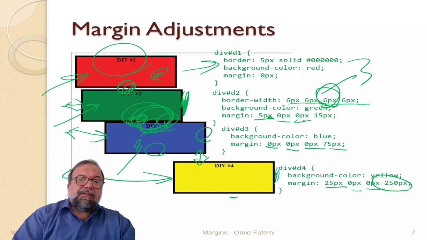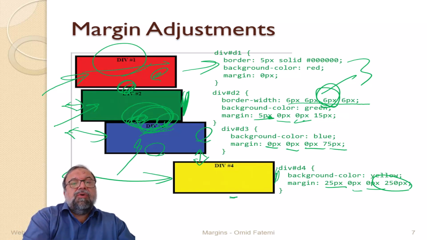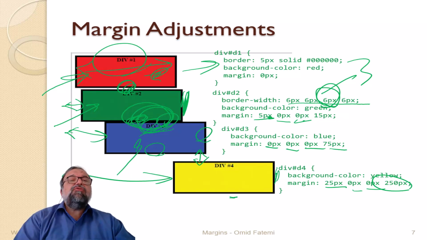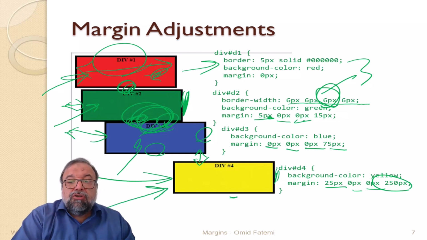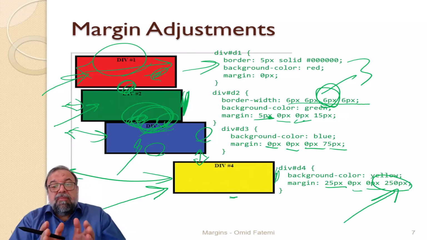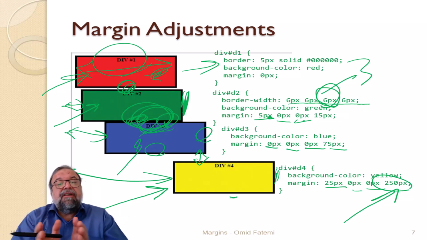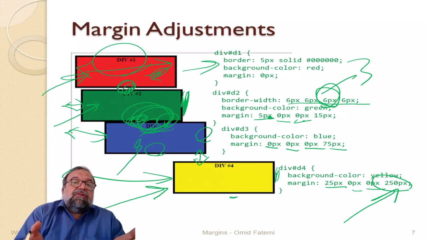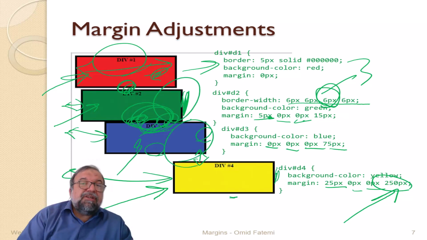Also, if you look at that, since the box width was 250 pixels, we were thinking that if I put 250 pixels as the left margin here, then it will bring my fourth box at the end of all of the boxes. But we can see, no, it didn't happen like that. Not here, not with the green, not with the blue, and even not with the red.